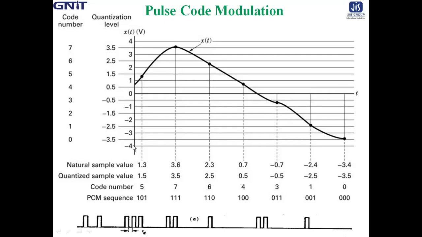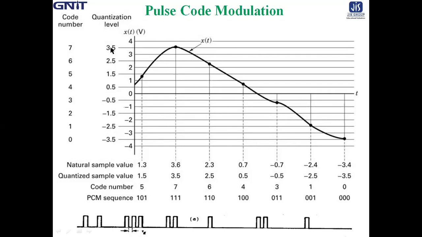In between these, there is another level, which is a quantization level. The quantization levels are -3.5, -2.5, -1.5, -0.5, +0.5, 1.5, 2.5, and 3.5. This is the quantization level in volts.